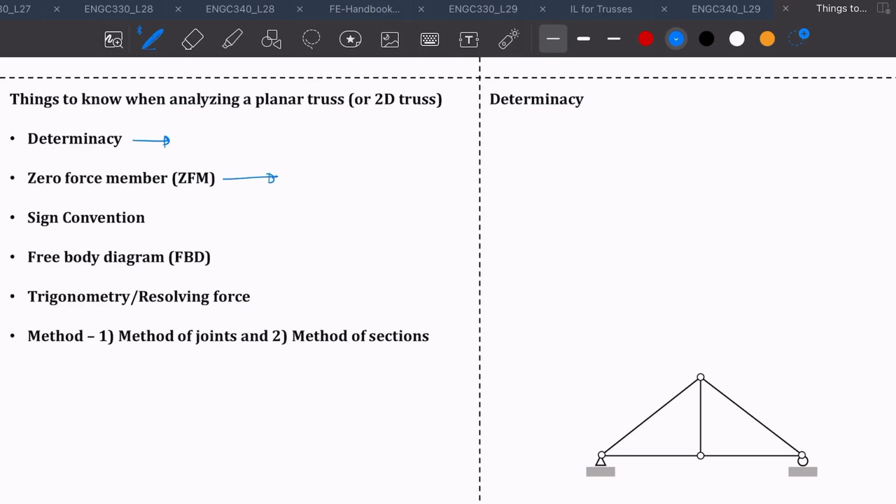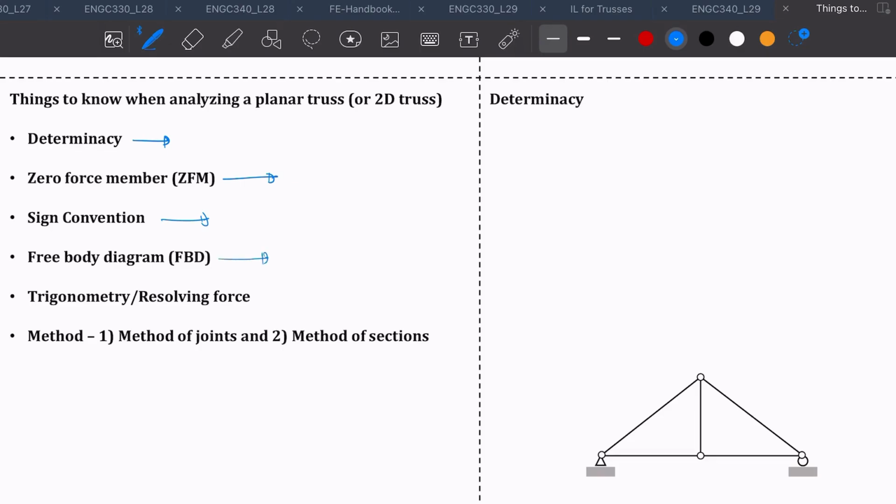And then the third one is sign convention. We always follow that positive means tension and negative means compression. If you use the wrong sign convention, then you'll get a wrong value again. If it is compression and you put positive, then you are making a mistake in your calculation. And then drawing the free body diagram.